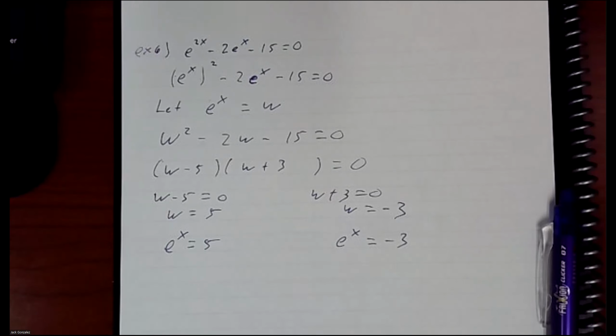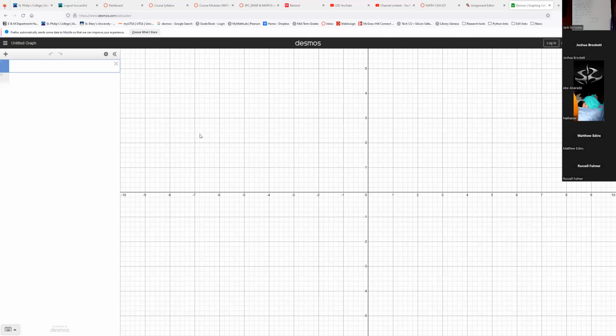Is that 0 to infinity? Yeah, if you graph it, it's never negative. But you should know just by looking at it that that has no solution.